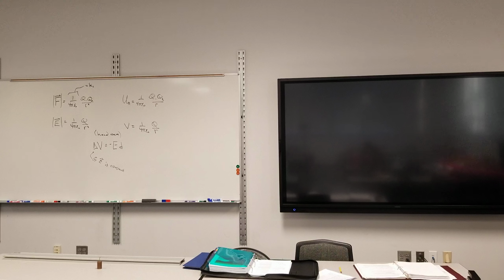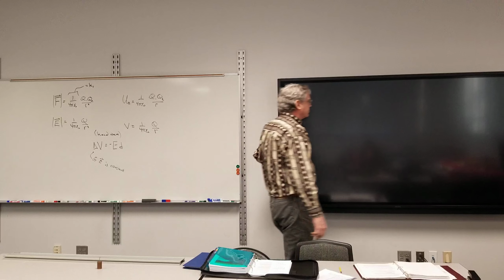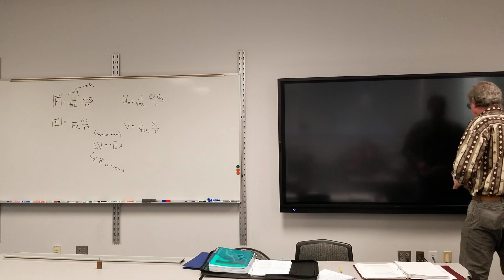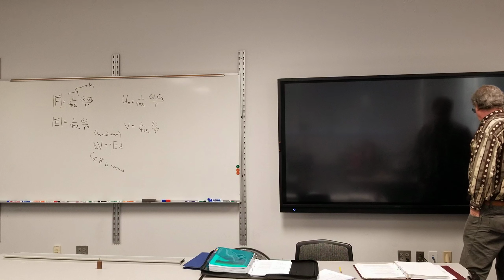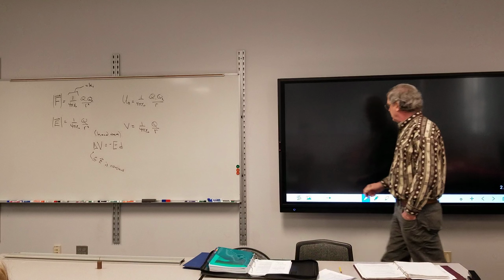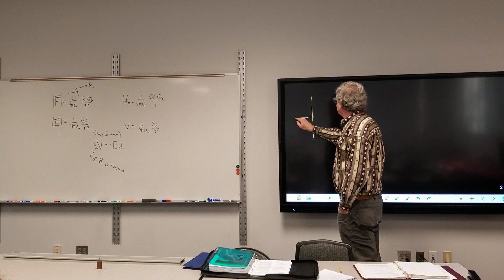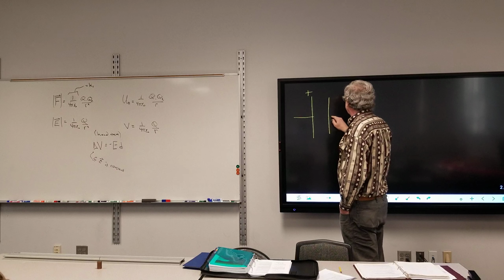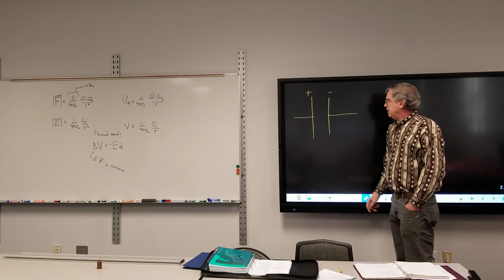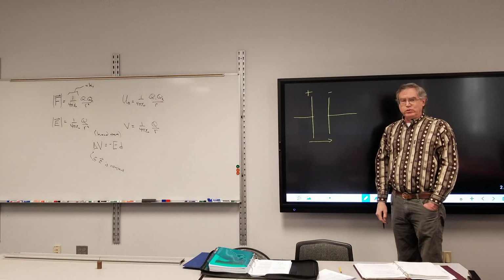The negative sign happens because, if I'm going from positive to negative, let's say I'm dealing with a capacitor. I have a capacitor here that is positively charged, and one here that is negatively charged. If I'm going from the positive to the negative, I am losing potential.